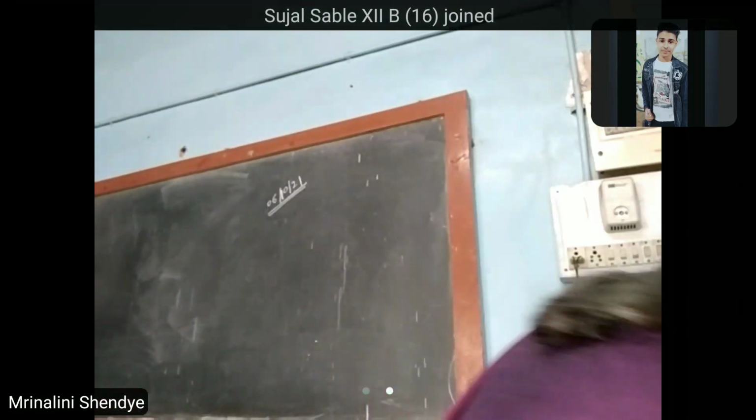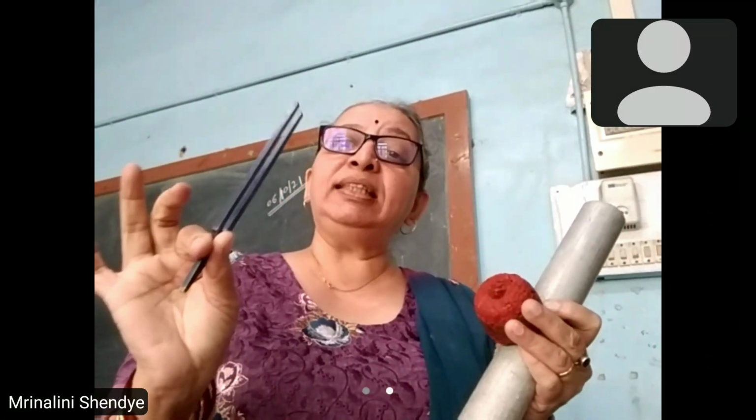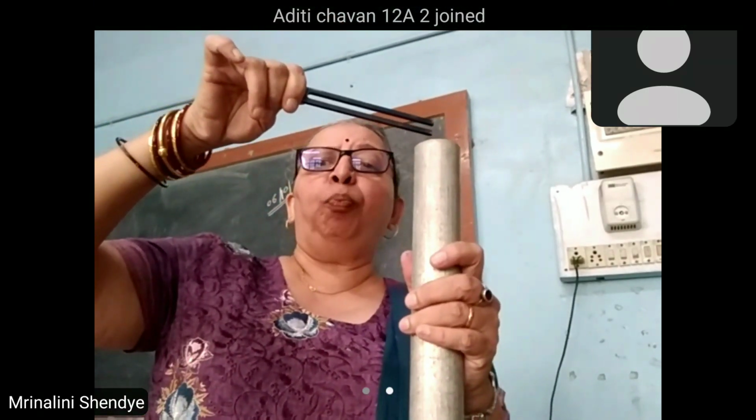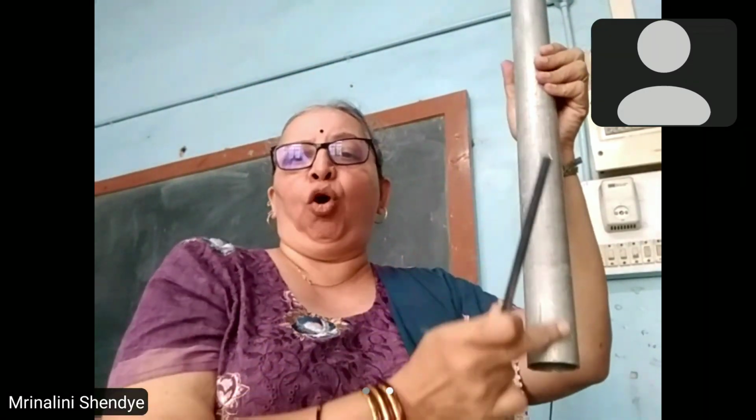But to produce a longitudinal progressive wave, what will we do? We will take a tuning fork. We will hammer it and set it in oscillation. Such an oscillating tuning fork we will hold at one of the open ends of the tube. And these longitudinal waves will pass through this air column.